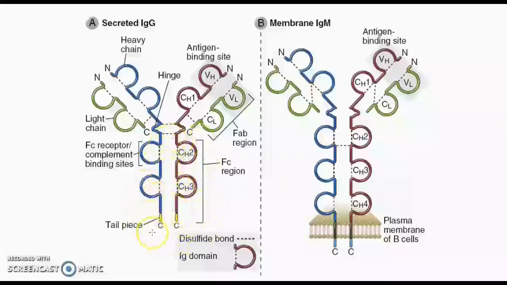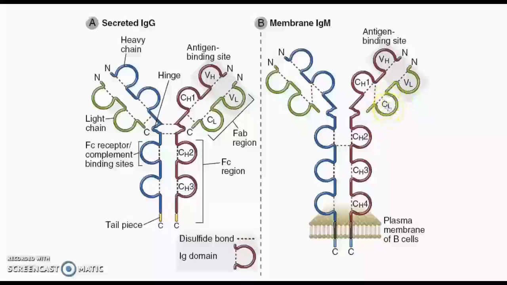Here are the secreted antibodies, which contain no membrane bound portion. The C region of the light chain does not participate in effector function and is not directly attached to the cell membrane.